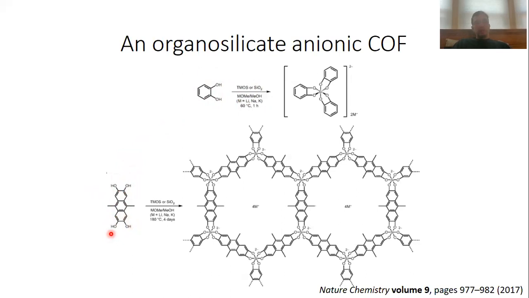And now when we react this molecule with tetramethoxysilane under similar conditions, in this case, lithium, sodium, or potassium methoxide in methanol at 180 degrees Celsius for 4 days, then in this case base catalyzed, we form this structure here of 6 membered rings, which is anionic because of the octahedral coordination of the silicon.